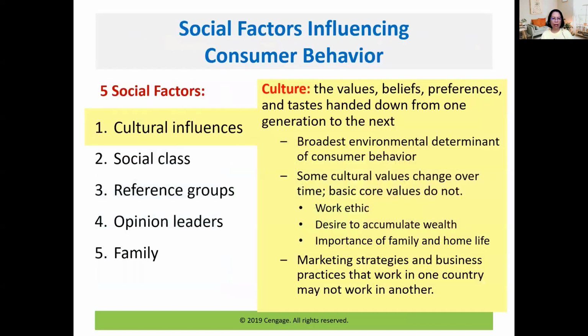So let's look at the first of the five social factors, which is cultural influences. Culture means the values, beliefs, preferences, and tastes handed down from one generation to the next. The broadest environmental determinant of consumer behavior is culture. Some cultural values change over time.